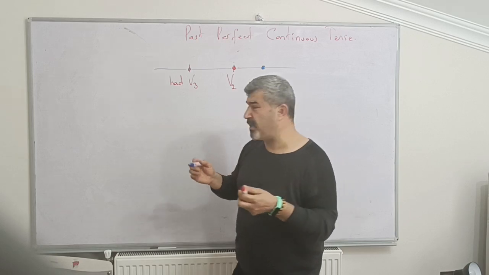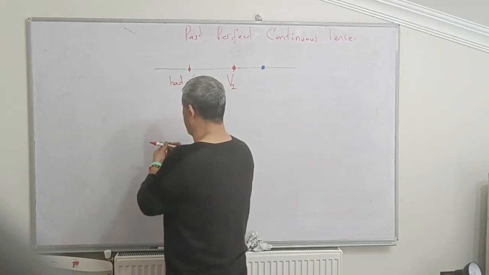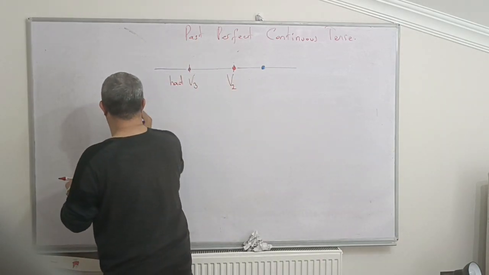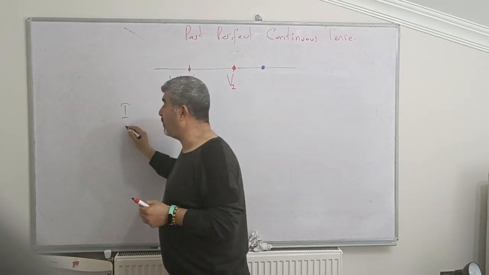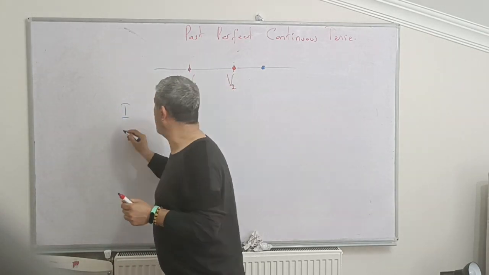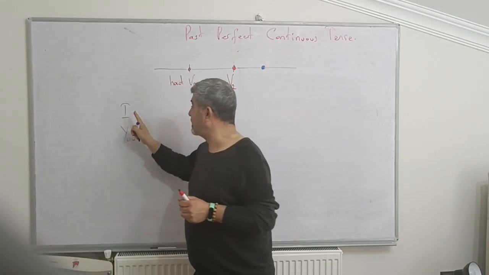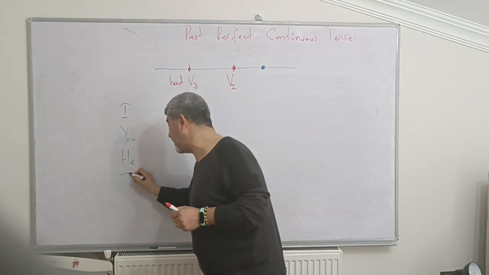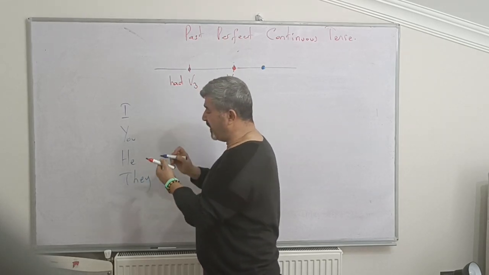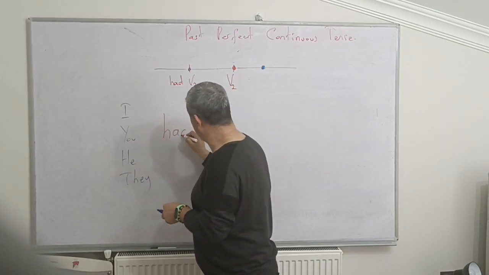And what is the structure in past perfect continuous? Let me tell you. You write your subject, and for all the subjects, for singulars, for the third singulars, for I, for you, for they, we use the helping verb had, okay?